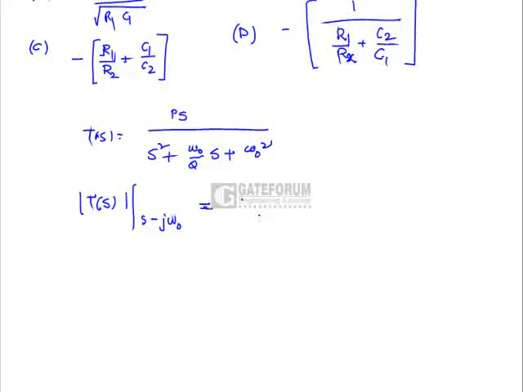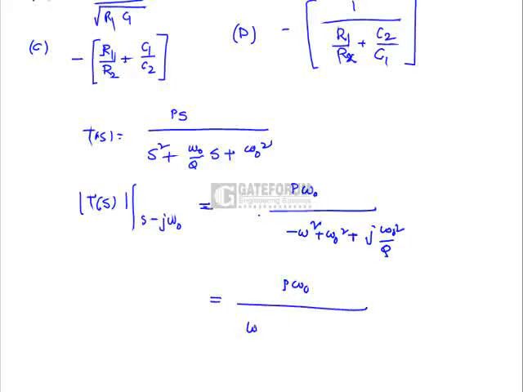The magnitude is P omega naught divided by, if we substitute S, minus omega square plus omega naught square plus j omega omega naught by Q. The magnitude is going to be P omega naught divided by the square root of (omega naught square minus omega square) whole square plus (omega omega naught by Q) whole square.